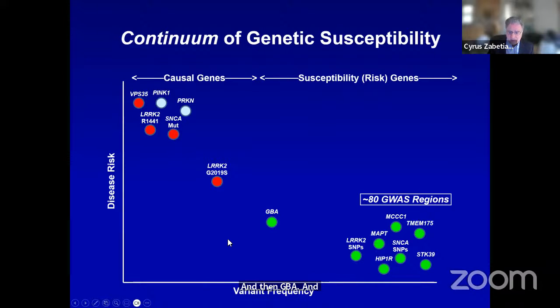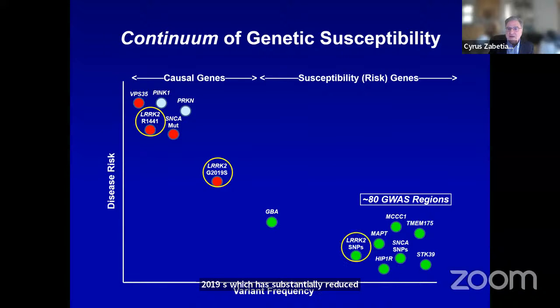And so I do want to point out one thing, and that's that there are some genes where different variants can cross categories. So for instance, with the LRRK2 gene, there are rare variants in this particular codon that have very high penetrance. Then there's LRRK2 G2019S, which has substantially reduced penetrance.